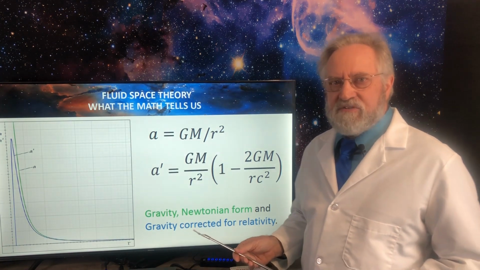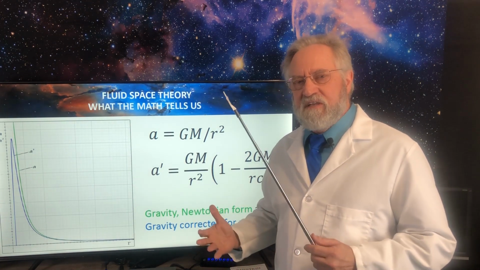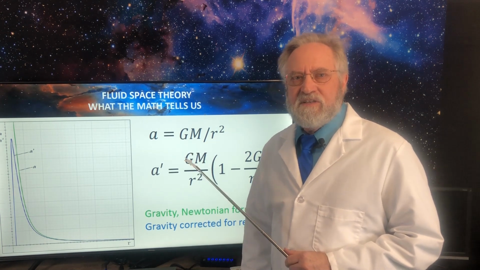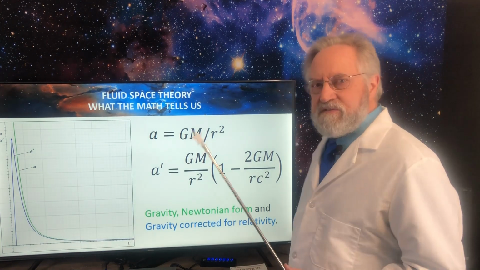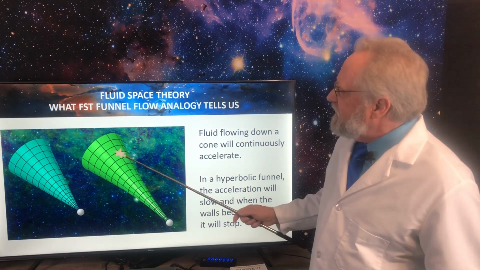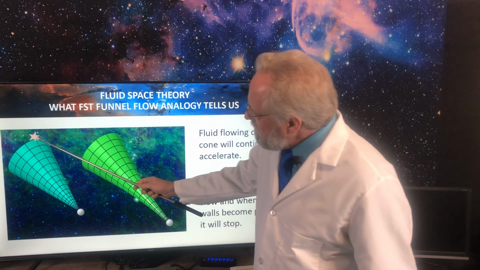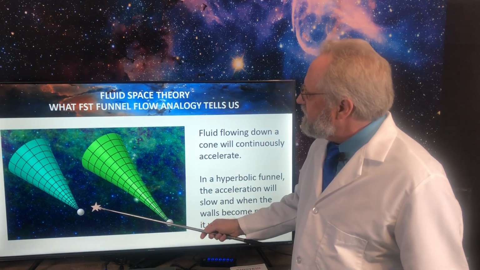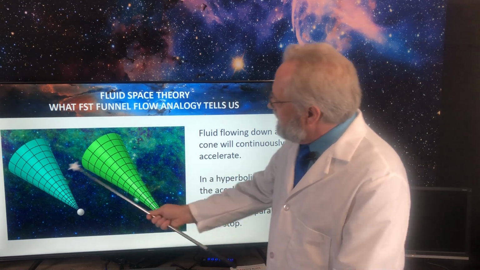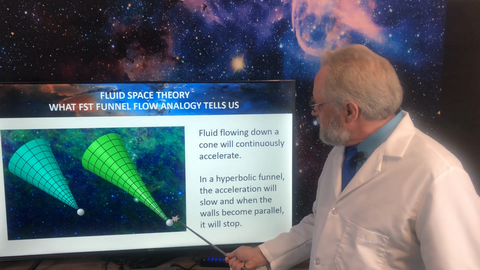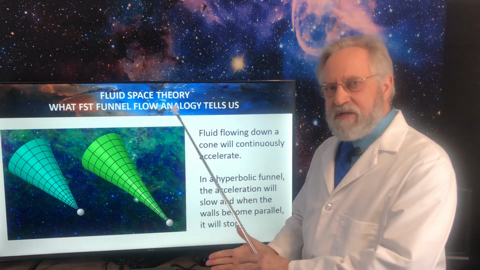So that seems pretty strange, because everyone's used to thinking of gravity getting stronger and stronger and stronger and crushing everything down to a singularity. But fluid space theory says something else. So to make it a little clearer, if we remember fluid flowing down the funnel of fluid space theory, as it becomes length contracted and time dilated, it starts to change the shape of the funnel into a hyperbolic funnel.